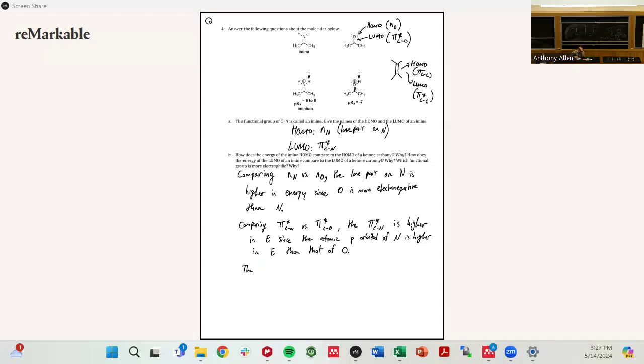The carbonyl of the ketone, because its LUMO is lower in energy. If you wanted a chart that summed up all of this, which I won't ask on the exam, I'll just tell you that flat out.